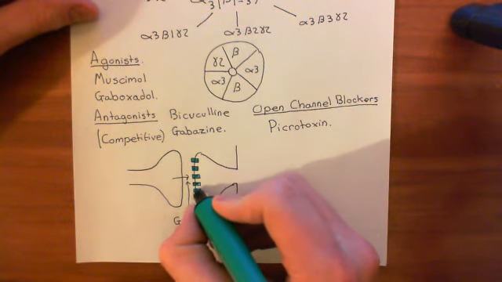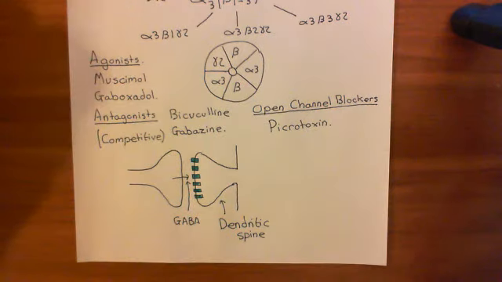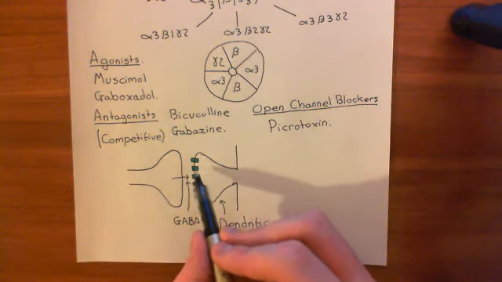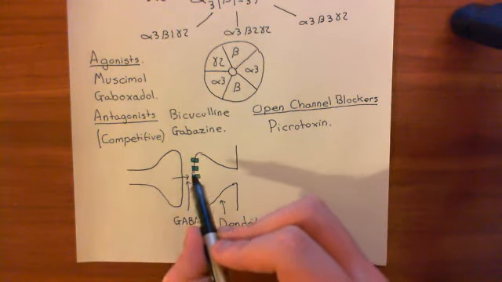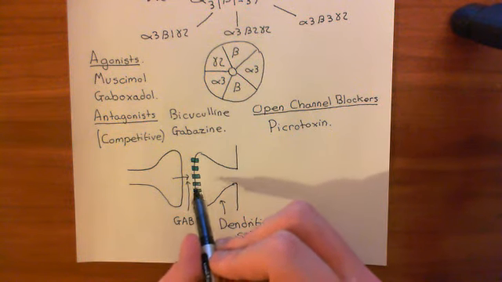Now if you put benzodiazepines into this synaptic cleft and allow them to bind to these GABA-A receptors, then the fraction of GABA-A receptors which will now be bound to GABA increases.